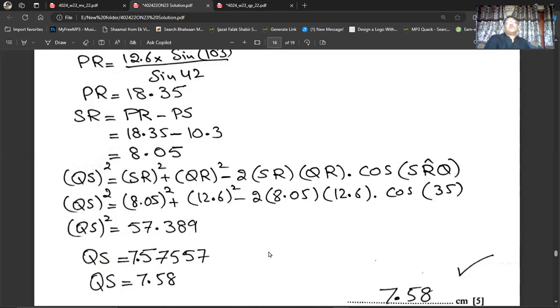So you will have QS square equal to 8.05 square plus 12.6 square minus 2 into 8.05 multiplied by 12.6 multiplied by cos 35. And when you enter these values in a single click, you will get 57.389. Then take the square root on both sides. You will have QS as 7.57557. When you round it off, it is approximately 7.58. So the length QS is 7.58.